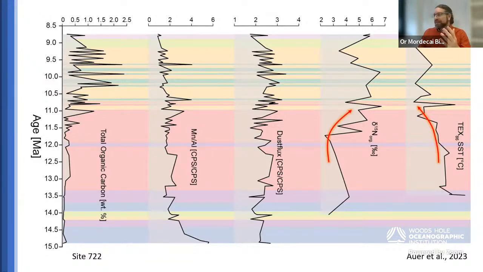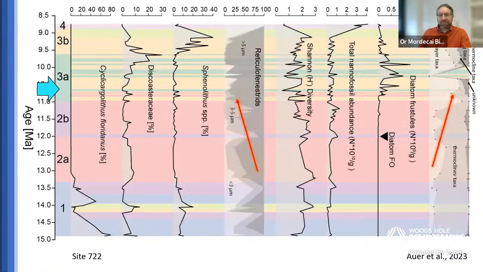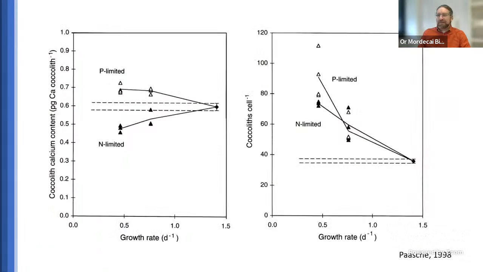And the TEX86 informs us that the water is getting cooler, so it's more upwelling. But it's not so simple, because these large reticulofenestrids, if we look at experiments done on their modern equivalent, they get very big when they're nutrient limited and they grow very slowly.